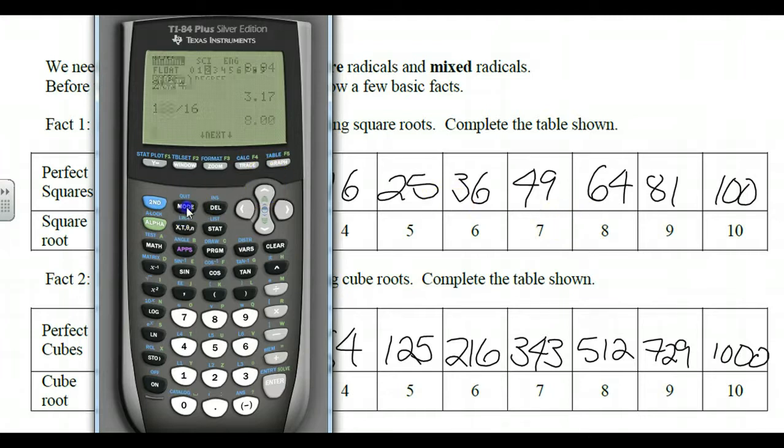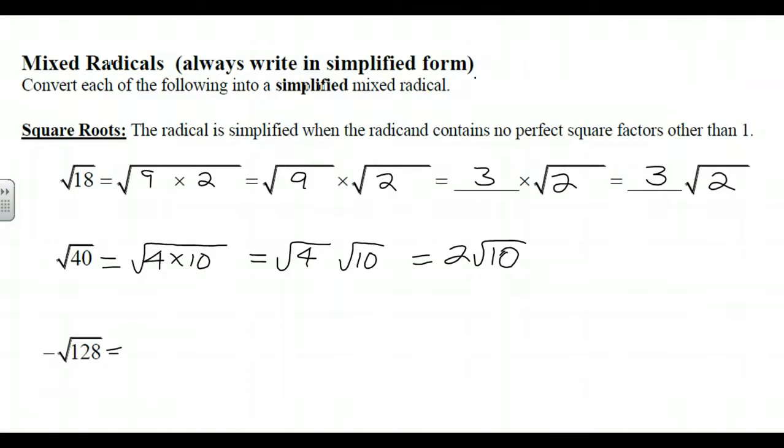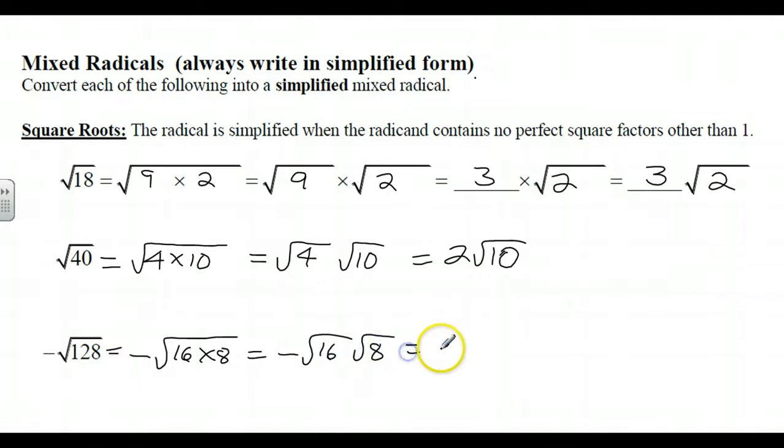So we can write it as 16 times 8. So the negative sign, root 16, root 8, and the negative sign, 4 root 8.